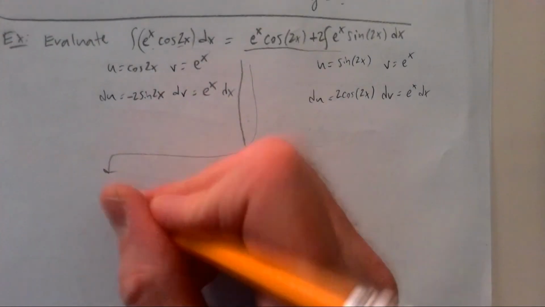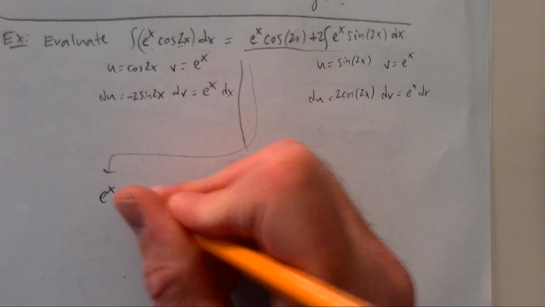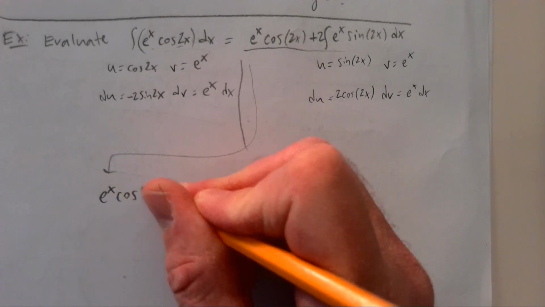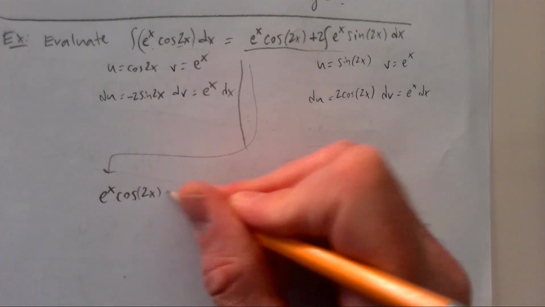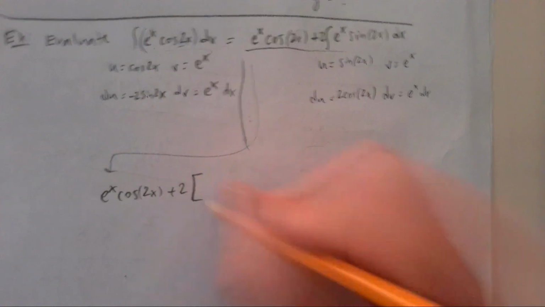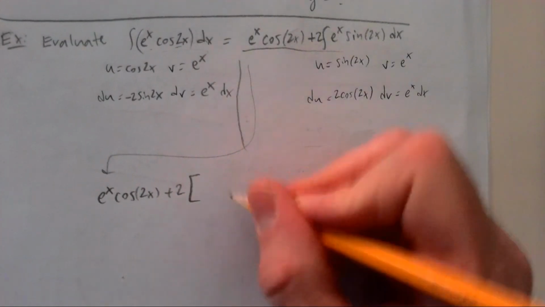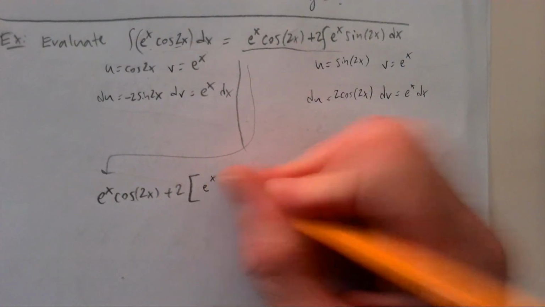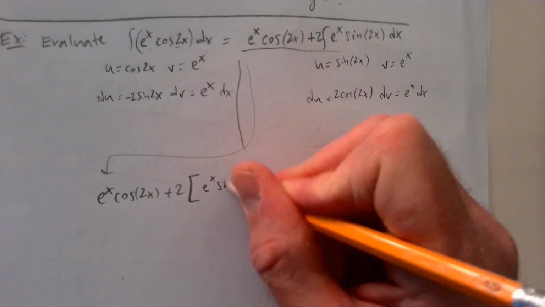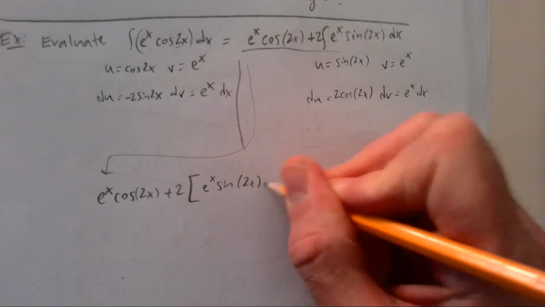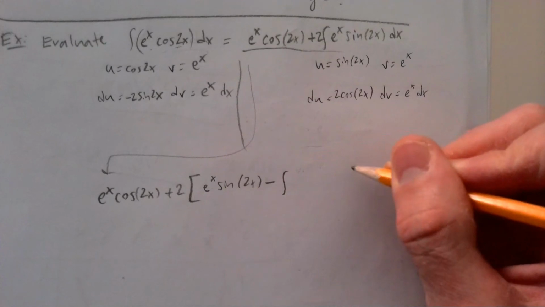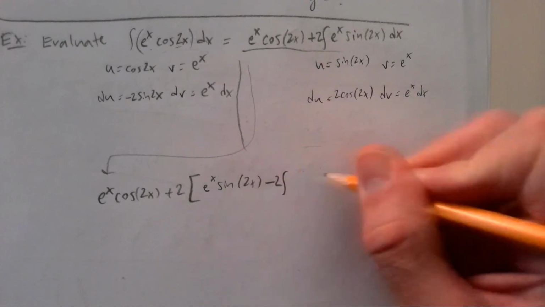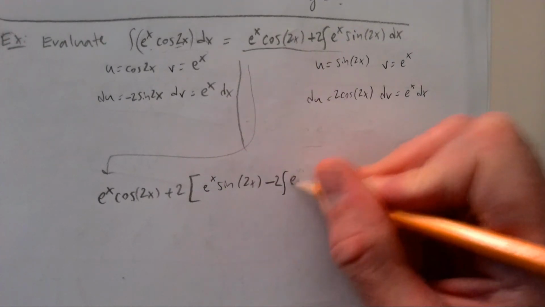So that's going to be all of that stuff from the beginning, plus 2 times, okay, u times v minus the integral of v du. So there's 2 e to the x.